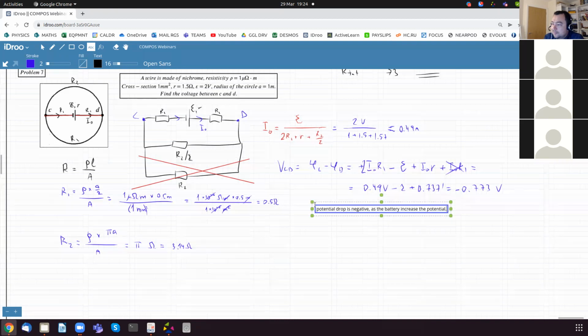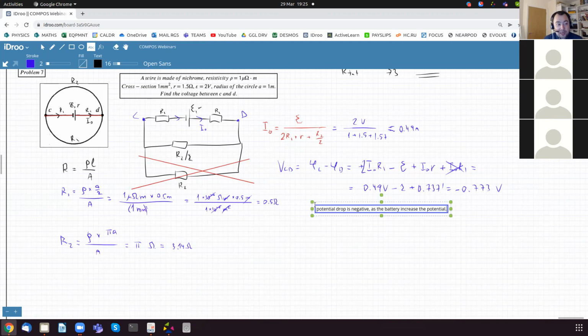Like the current's allowed to flow in the wire, so it's allowed to go from D all the way. It's allowed to flow that way. You mean around? Yeah. In the top wire? Yeah, of course. I'm just trying to trick you, looking at it from the wrong side of things.